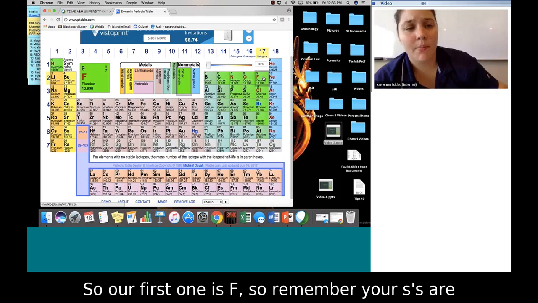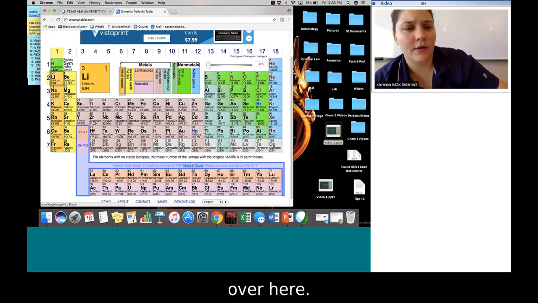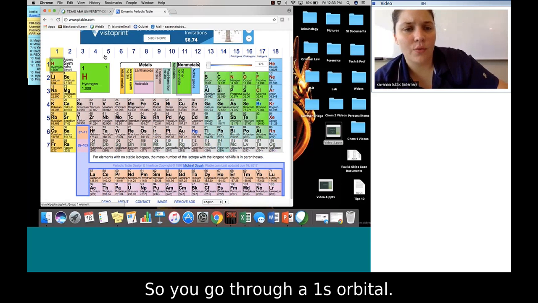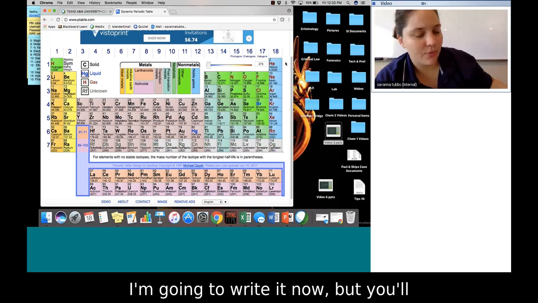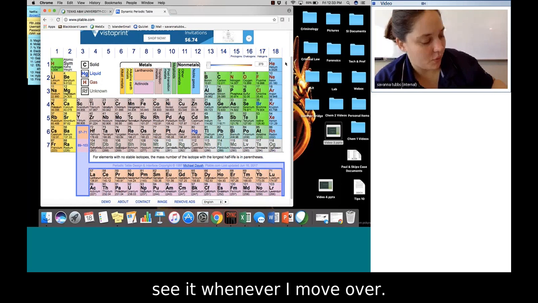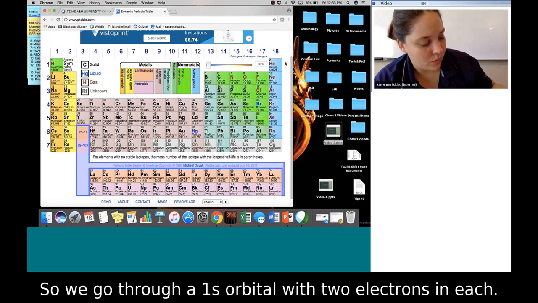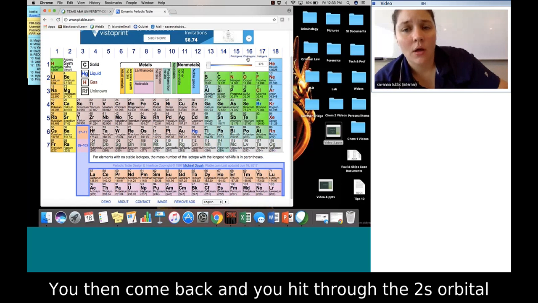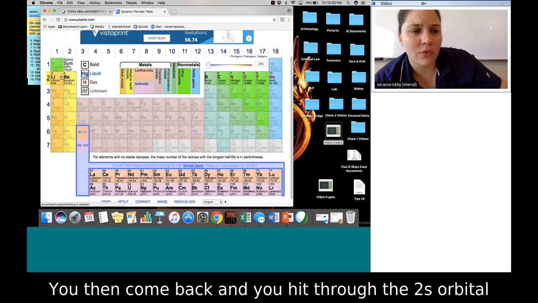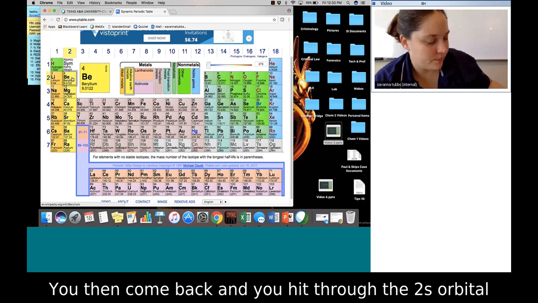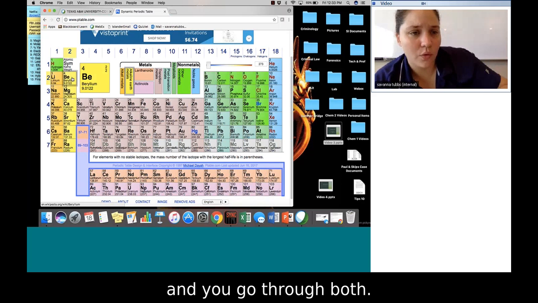So remember, your S's are over here. So you go through a 1s orbital. So I'm going to write it now, but you'll see it whenever I move over. So we go through a 1s orbital with 2 electrons in it. You then come back and you hit through the 2s orbital, and you go through both.